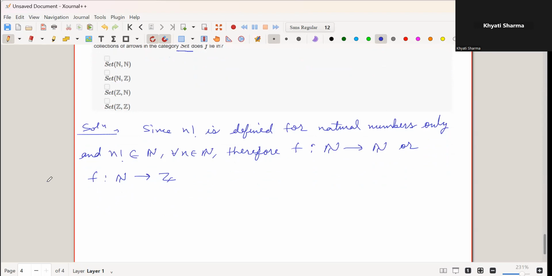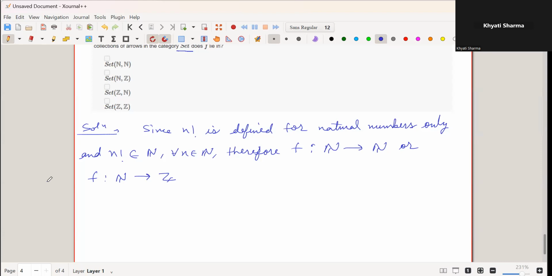So the domain is N, but the codomain you can take any N or Z. There won't be any issue, because its range is inside N, but you can have a bigger set in the codomain also. There is no issue in that.